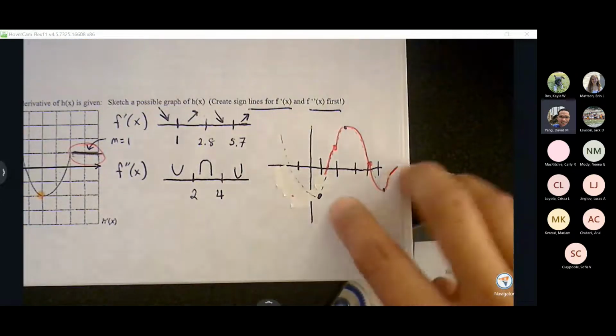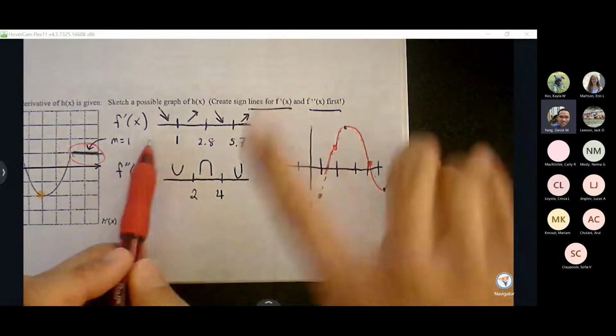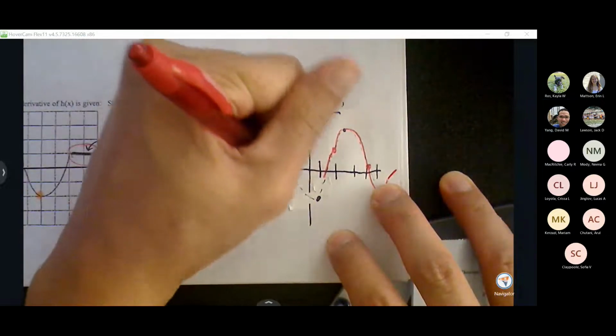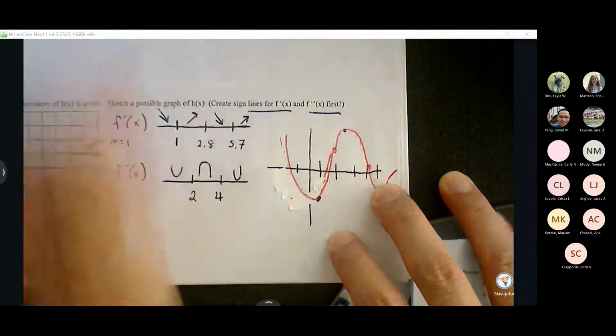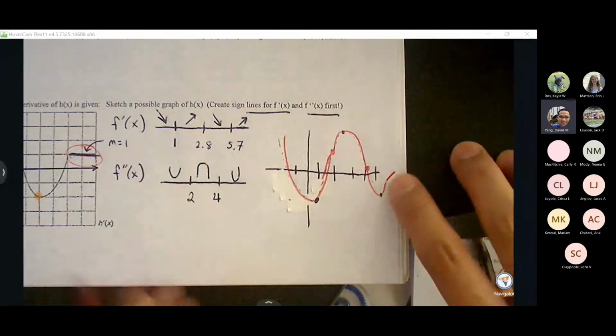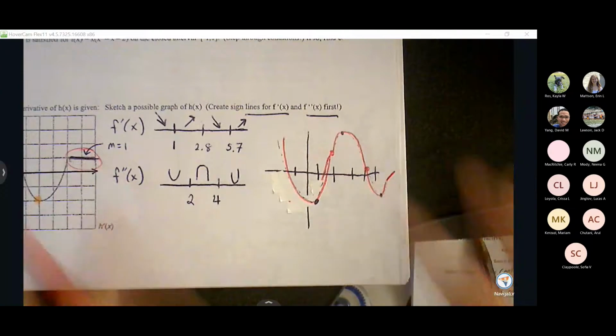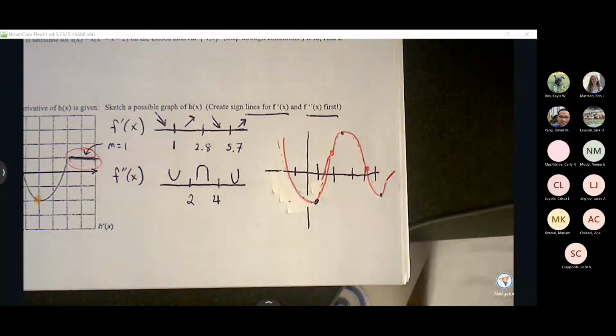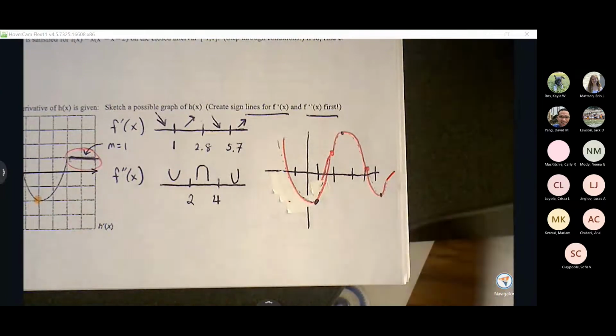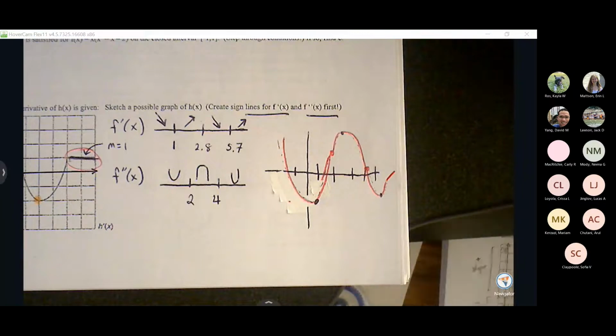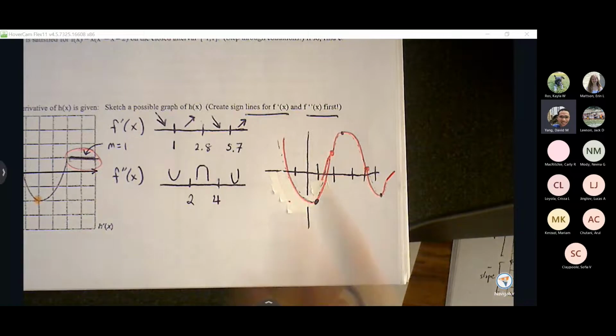Okay, so my relative minimum should have been at 1, and then sketch my graph, concave up, concave down, concave up, and then slope 1. Okay, next page.